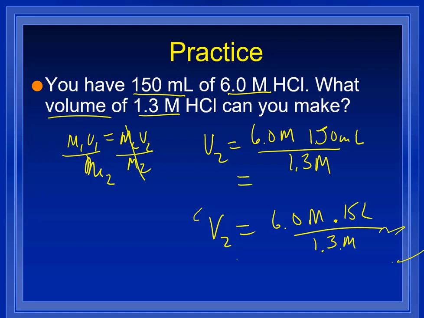So in the first instance, 6 times 150 divided by 1.3, and I get 690 milliliters. If I do that with the bottom one, the liters cancel off, and I get 0.69 liters.